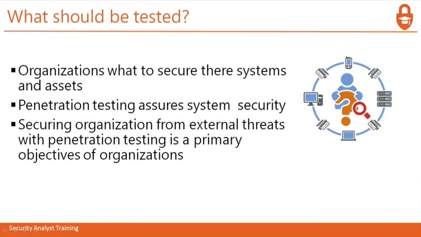In case you're wondering what the primary objective for an organization is while doing a pen test, I would say the most clear and important objective is securing the organization from potential external threats by proper implementation of your security policies, and that is a must. So always remember that, all right?